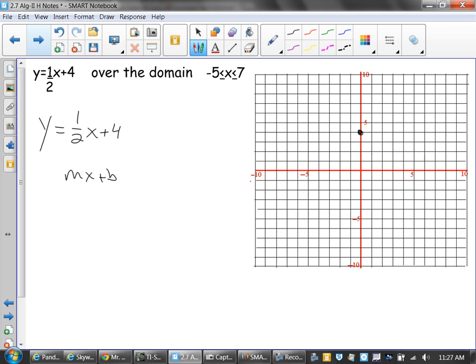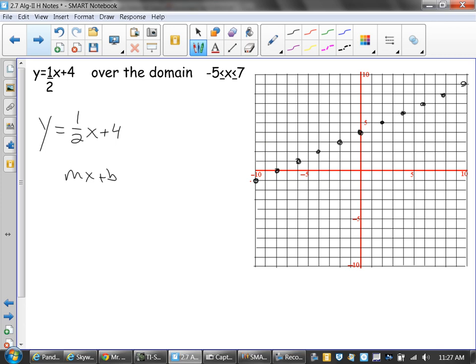From there, I'm going to walk my slope. My slope is 1/2, so up 1, right 2, up 1, right 2. Exactly. And what I do a lot of times with these types of graphs is I don't connect my dots right away. What I'm doing is just filling the entire grid that I have, that 10 by 10 grid, of the dots that would make up the line.